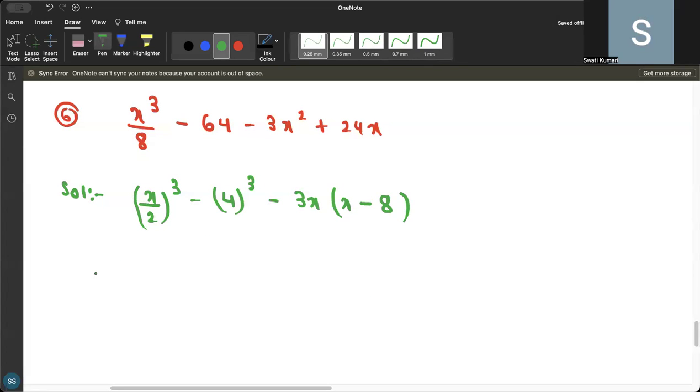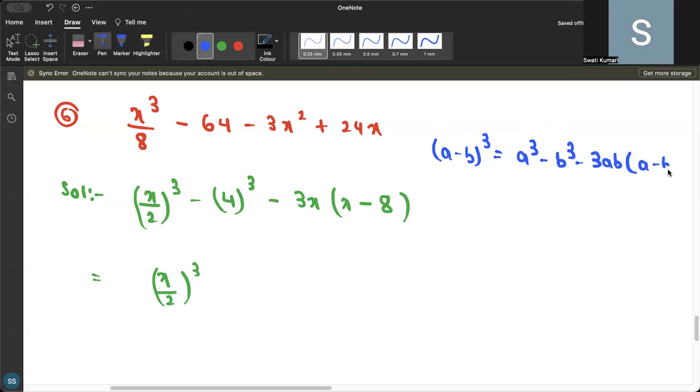Now we can write this as x upon 2 whole cube minus 4 whole cube. You can see that this is actually the formula of a minus b whole cube, which is a cube minus b cube minus 3ab into a minus b.